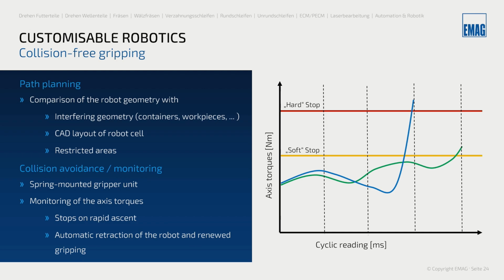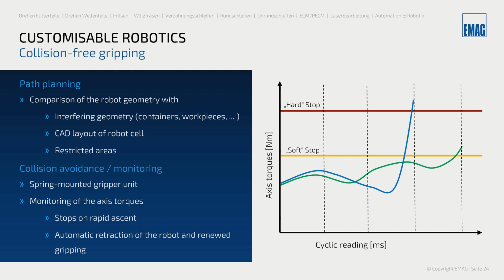Let's have a look at the green axis torque movement. We have a robot movement, and when going into the box, it goes above the soft stop level between 2 cyclic readings. Then the system will stop the robot in its movement, and we will fully automatically move the robot out of the box and start over again with a new picture and a new planned path.